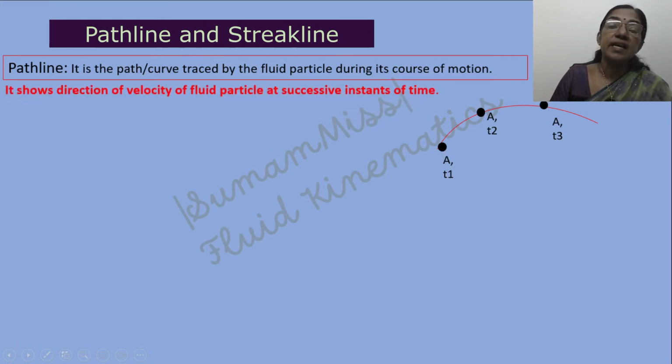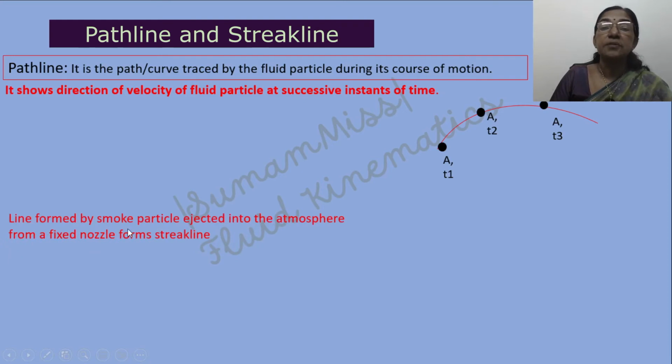Whereas streakline is the line traced by the fluid particles passing through a fixed point in space. For example, if you inject dye in a liquid, or the line formed by smoke particles ejected into the atmosphere from a fixed nozzle forms a straight line.